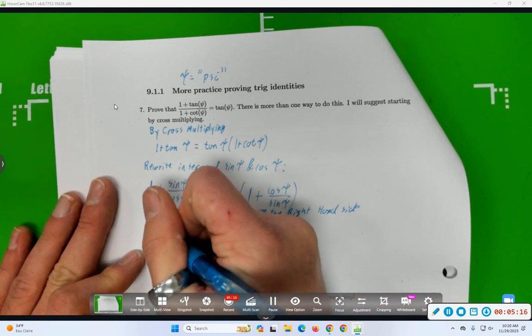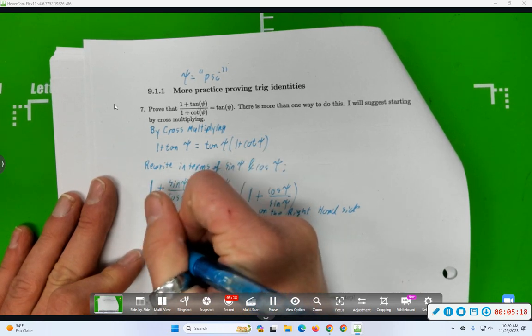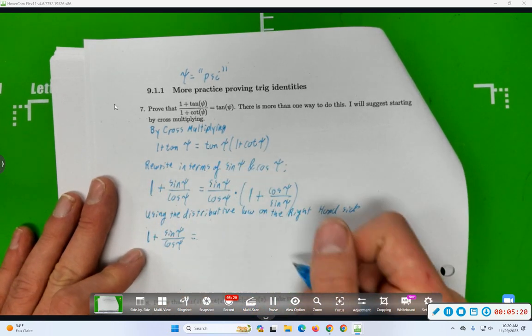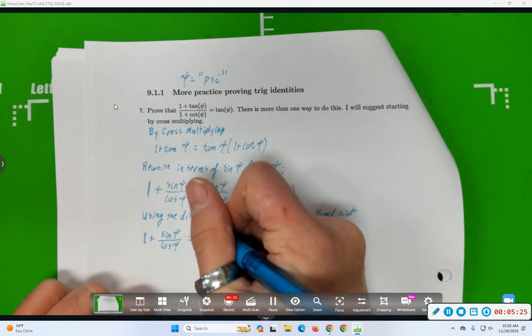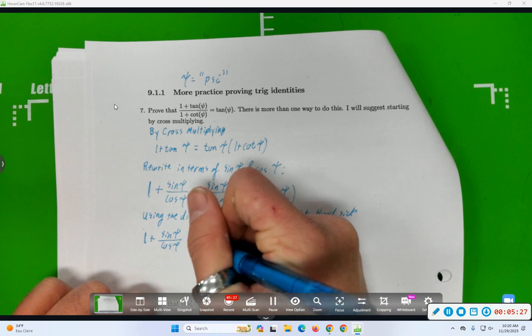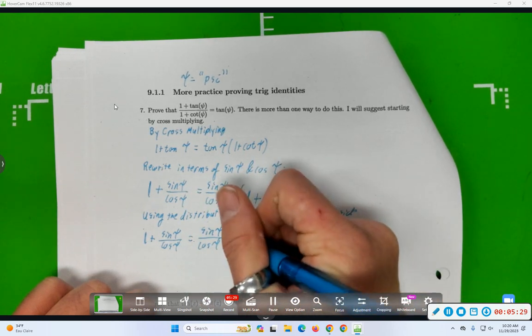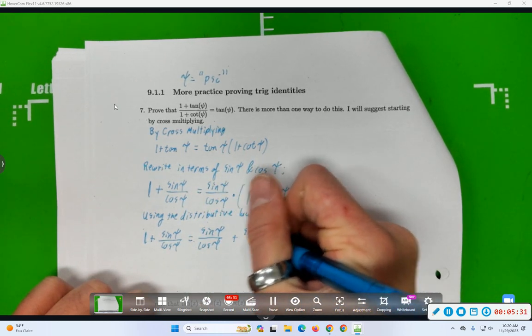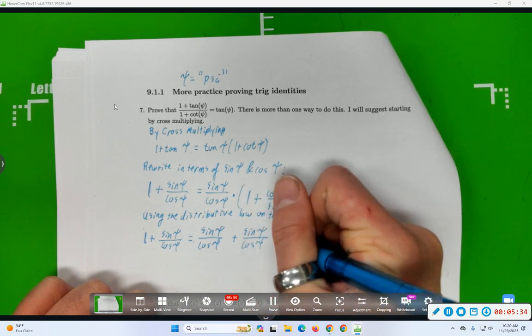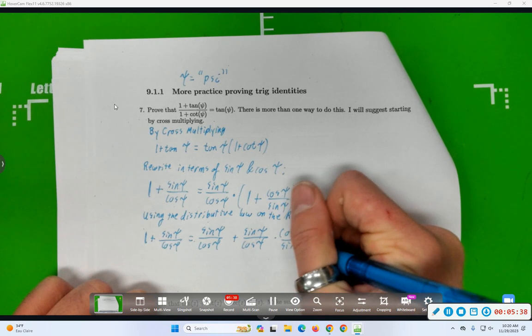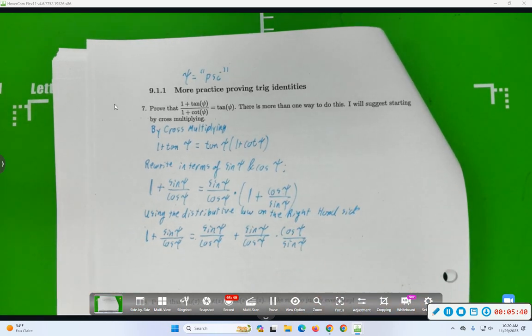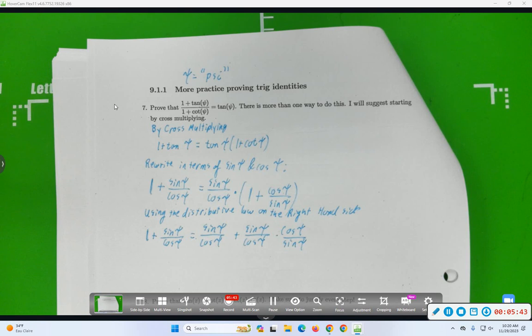We got 1 plus sine psi over cosine psi equals, distribute this over. Thing times 1 is the thing, sine psi over cosine psi, plus sine psi over cosine psi times cosine psi over sine psi. Did I distribute correctly? Cool.